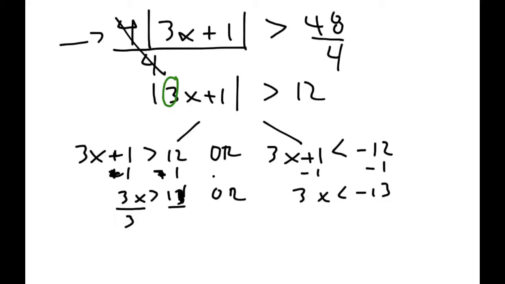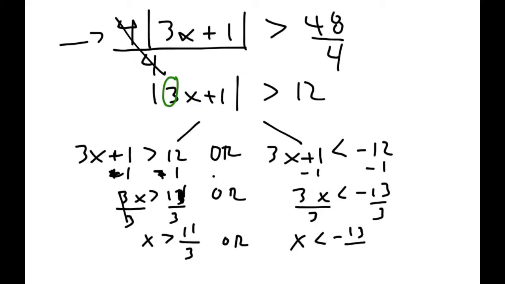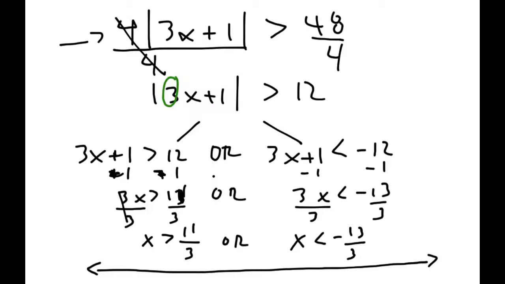Divide by 3. Divide by 3. And I get x is greater than, and I'm just going to keep them improper, 11 thirds, or x is less than negative 13 thirds. Okay, keep them improper. This is or, and if I'm going to graph that, let's see if we can squeeze this in down here. 0.